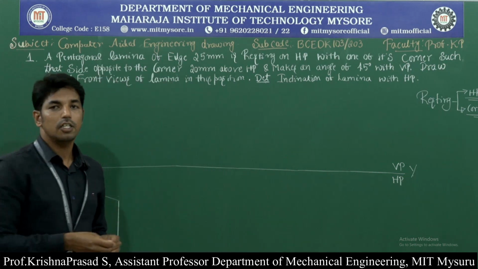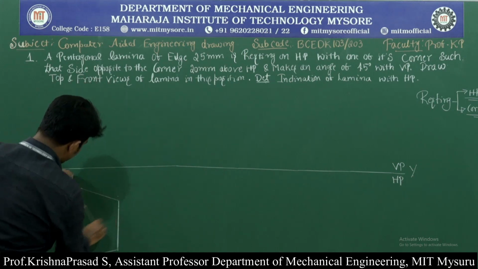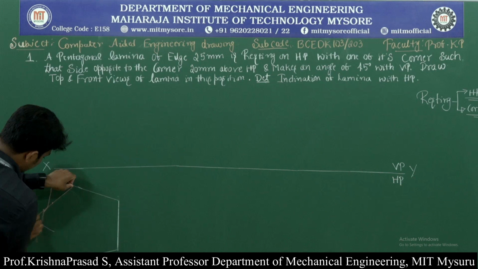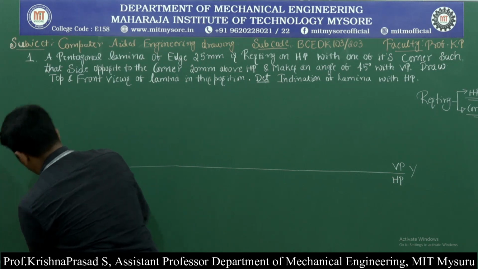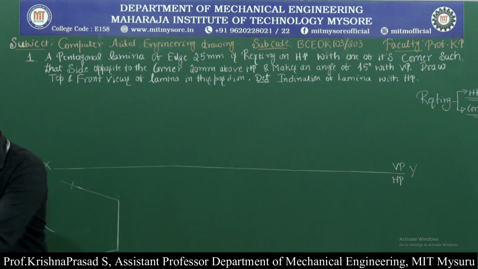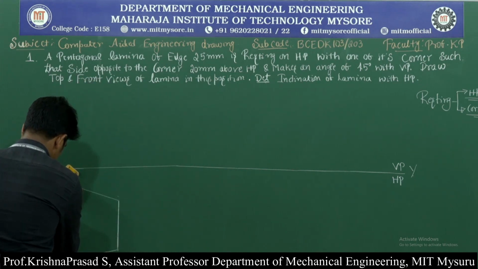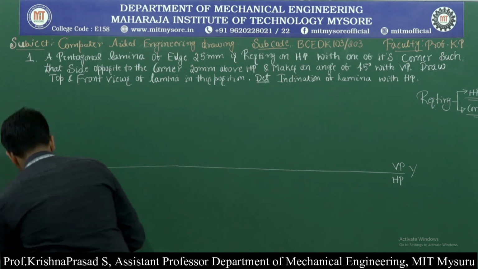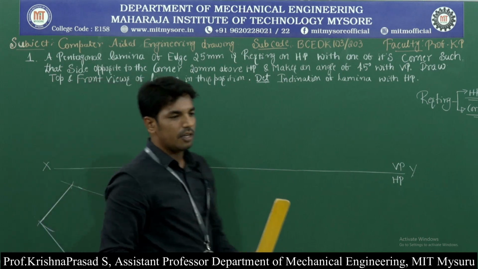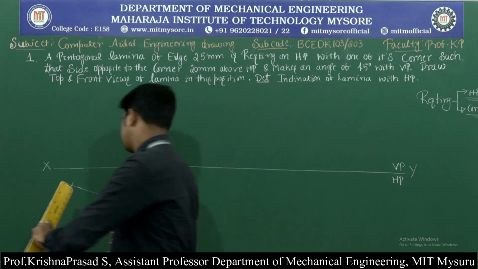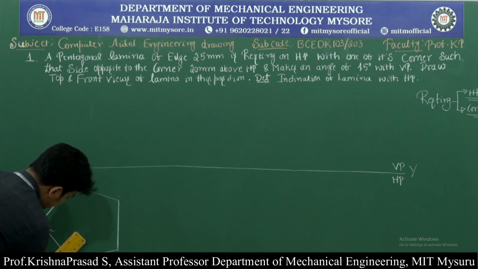Then, to complete the pentagon, take the same dimension of 25 mm and draw an arc here, and also here. This completes the construction of the pentagon with a dimension of 25 mm.